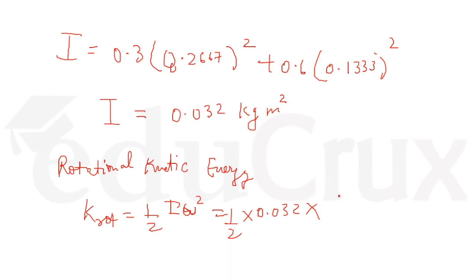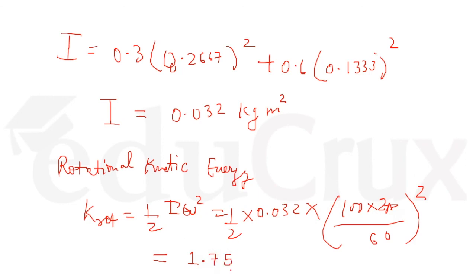So it's 100 into 2 pi by 60 whole square. And finally, if you calculate this, it comes as 1.75 joules. This is how you solve these types of questions.